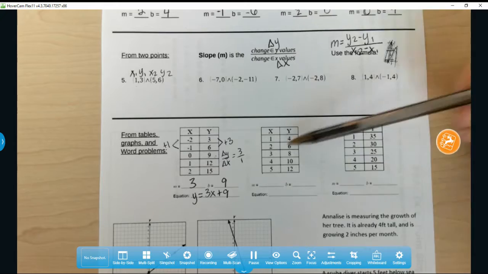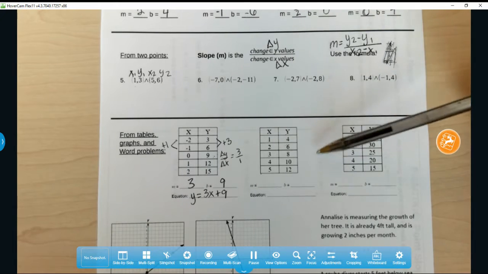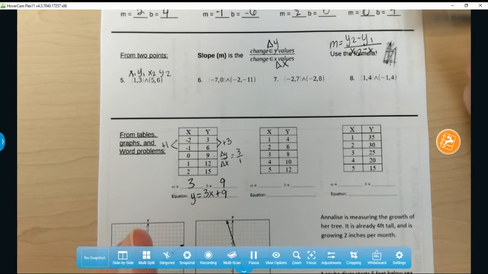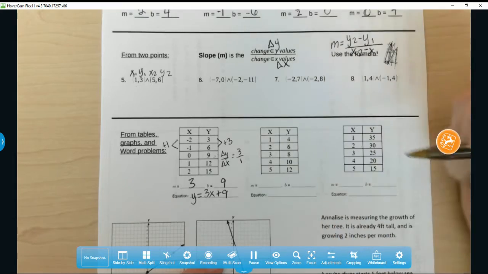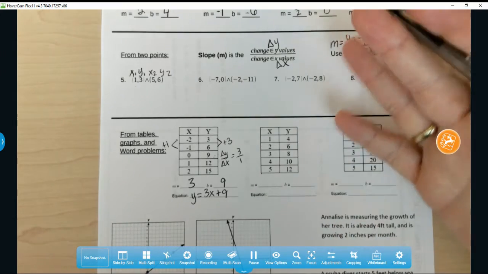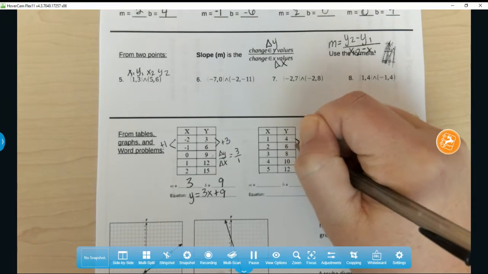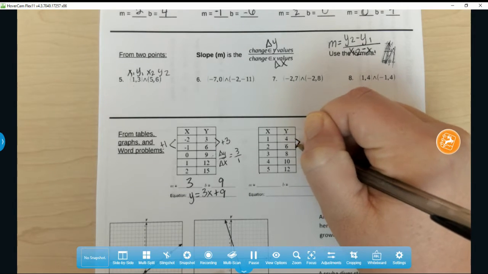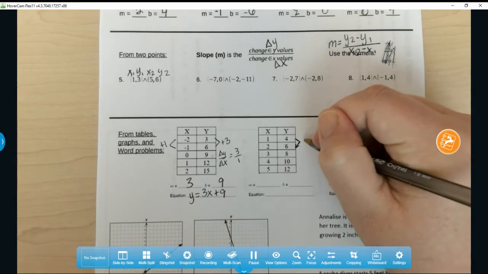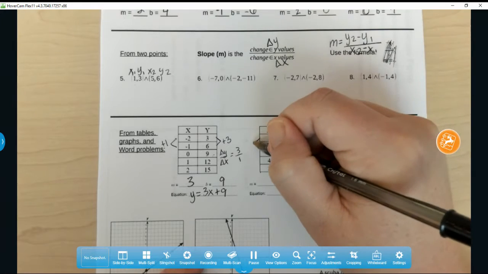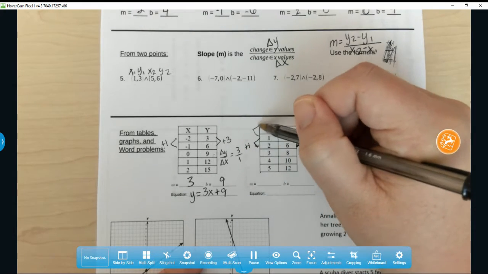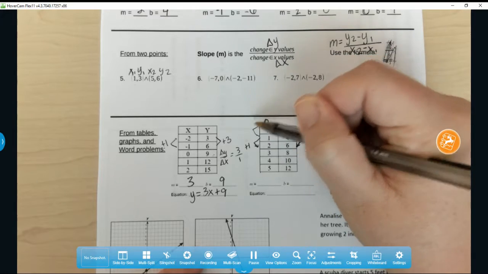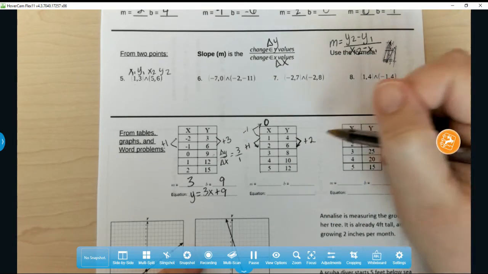If you look at the next two, you would be back to either using the equation to find the y-intercept after you found the slope, or if you think about it, on tables it's a little bit easier because it's illustrated to you. So you know that when you're going forward or this way, you're going 4 to 6, so that's adding 2, and then 1 to 2, that's adding 1. So if I go backwards, that would give me 0 because I have to do the opposite of subtracting 1.